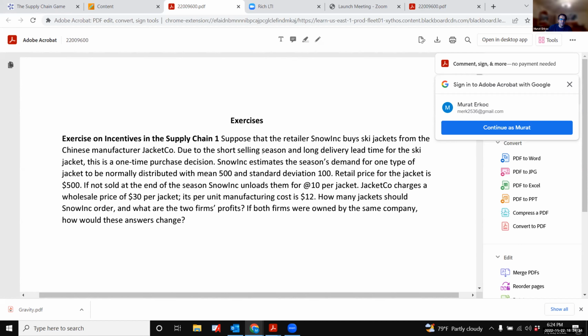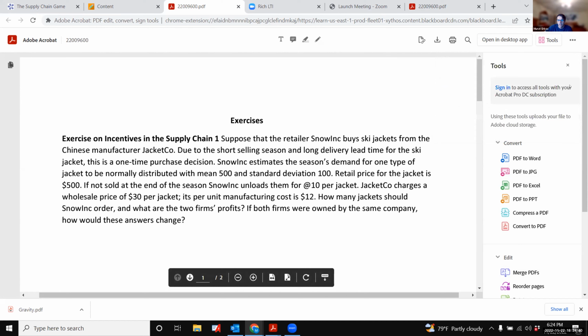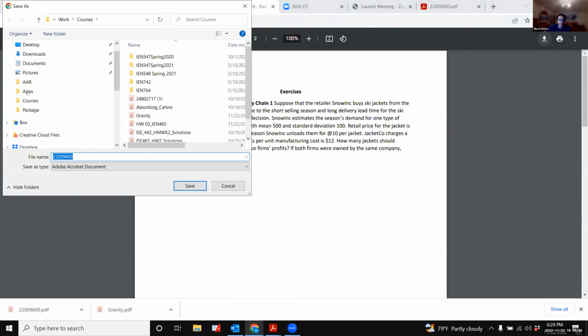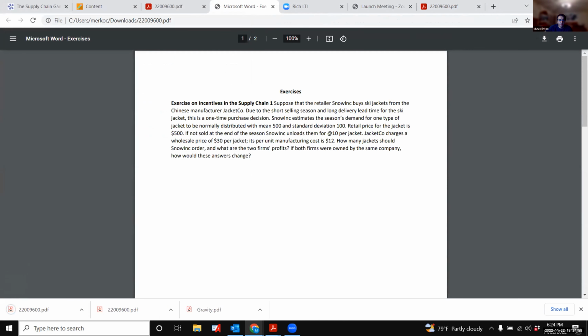Retail price for the jacket is, this is supposed to be $100. Let me see if I can fix this quickly. Well, not quickly, I guess. Let me first save this. Just bear with me.